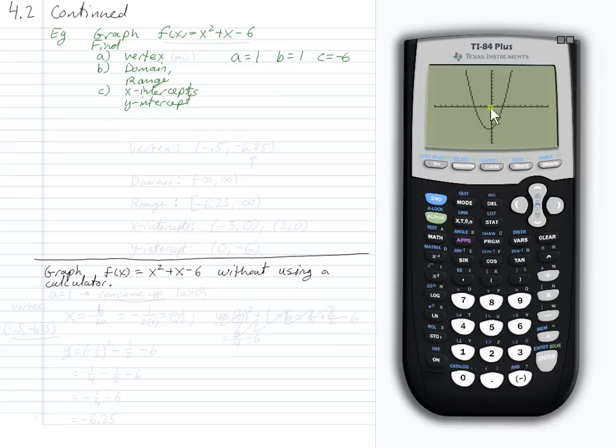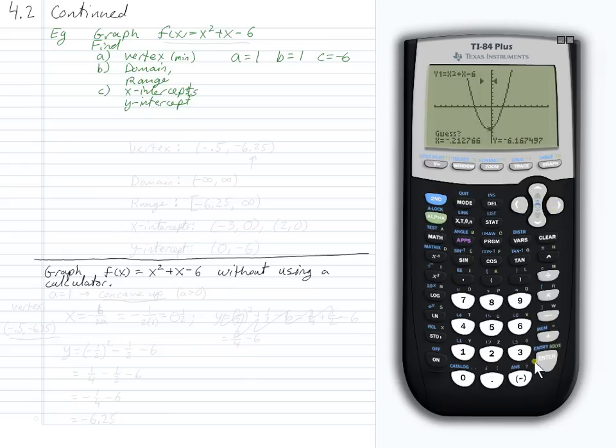So the first thing I want to find is the vertex. And I'm looking at this graph and I see that the vertex is a minimum of the graph. It's the lowest point on the graph. So I will second calc, go to the calculate menu, and I want to find this graph's minimum. So I'll go a bit to the left, a bit to the right, and I'll guess somewhere in the middle.